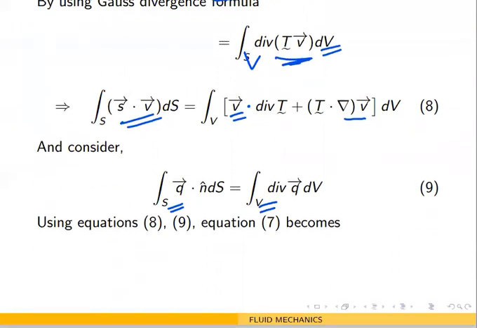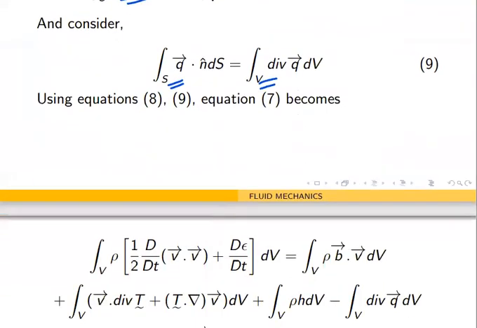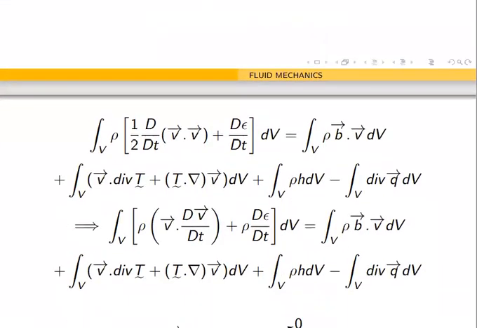So we substitute. On the LHS we have this, and on the RHS the first term is this, the first surface integral converted into a volume integral, this was H, and this was converted.